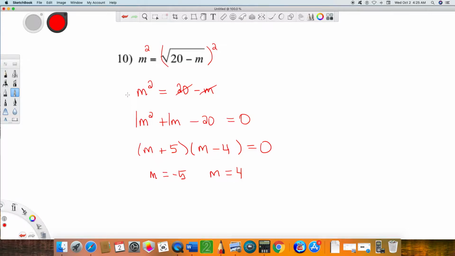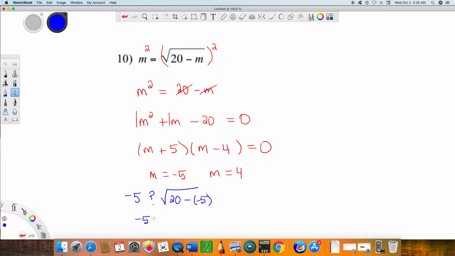Now, although those are solutions to the quadratic equation, they're not both going to be solutions to the original, because I can see that now. If I replace m with negative 5, on the left-hand side, I have negative 5. But on the right-hand side, I have a square root. And I know that by definition, this square root is always equal to a positive square root.